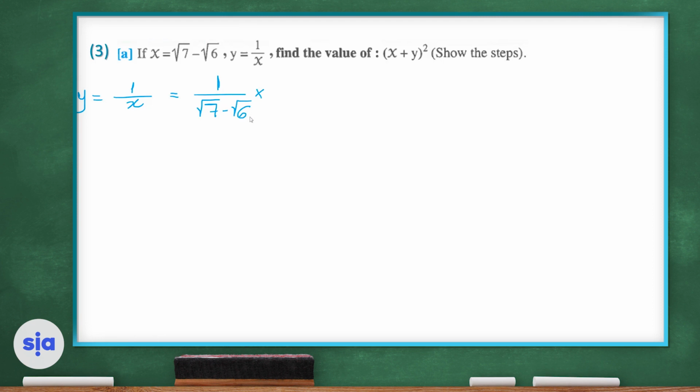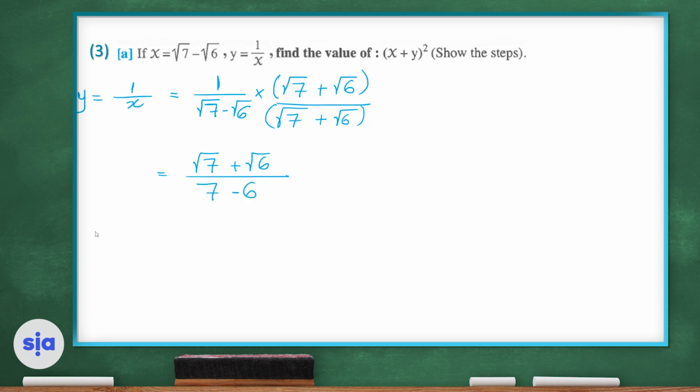We rationalize the denominator by multiplying up and down by its conjugate, square root of 7 plus square root of 6. So it will be square root of 7 plus square root of 6 over 7 minus 6. Then y equals square root of 7 plus square root of 6, because the denominator here is 1.